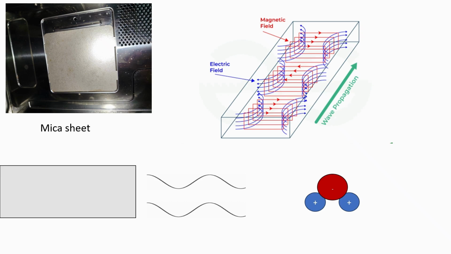Once inside the oven, these waves hit our water molecules. Our water molecules are polar, with the oxygen atom being the slightly negative end and the hydrogen atoms being the slightly positive end. The swap in electrical fields of the microwave reaches into these molecules and grabs these dipoles through a process called dipole rotation.